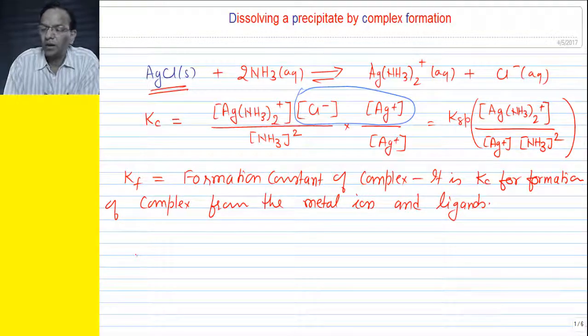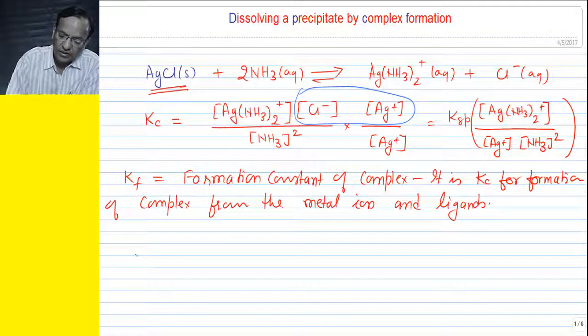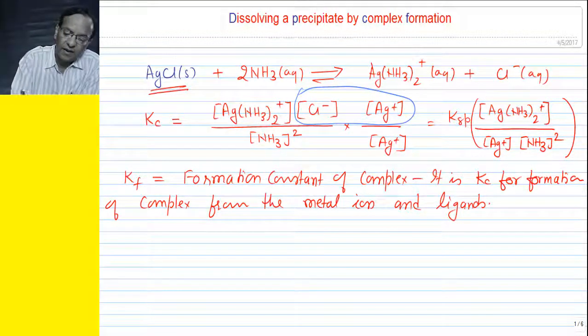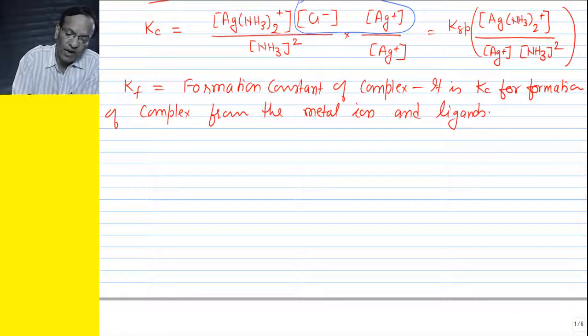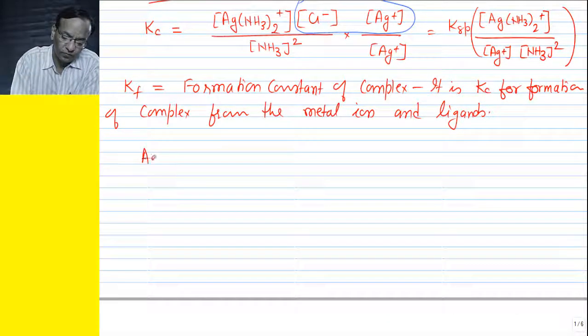So in diamine silver complex, the metal ion is silver ion and the ligand is ammonia.